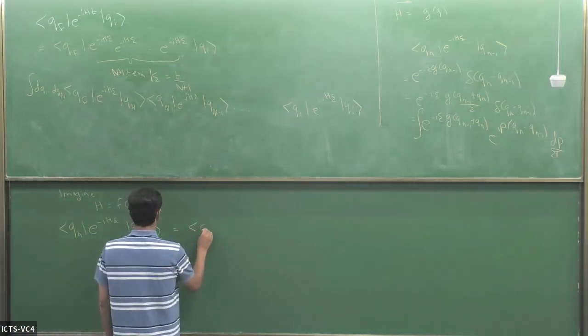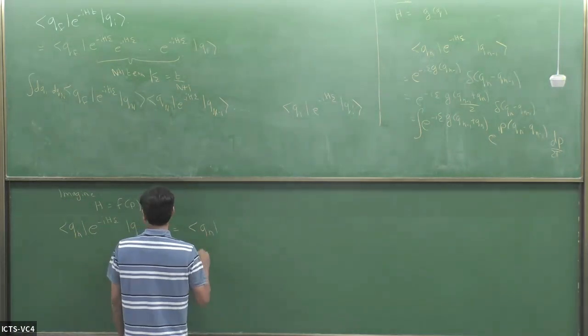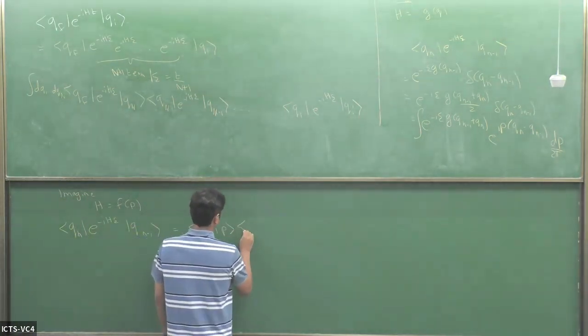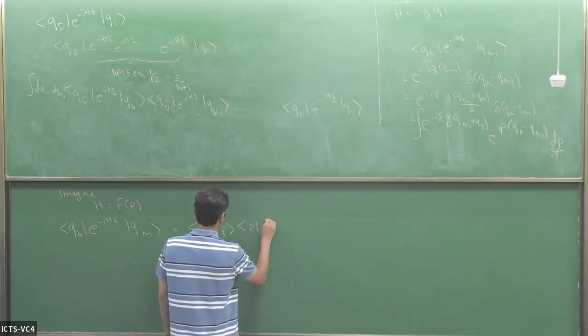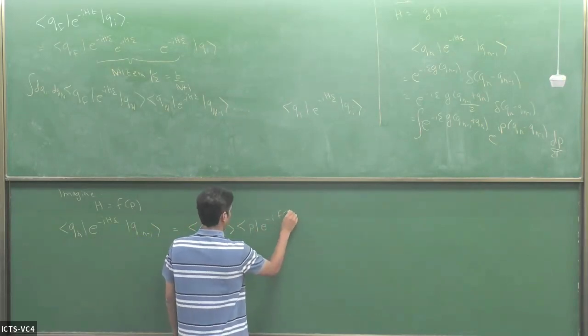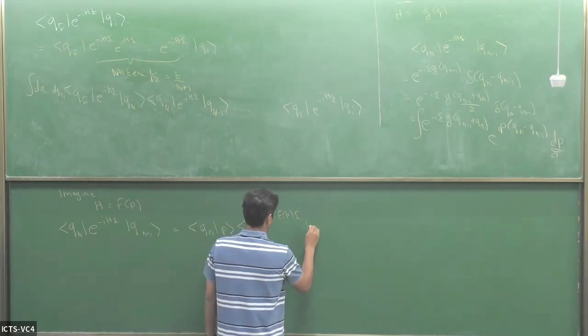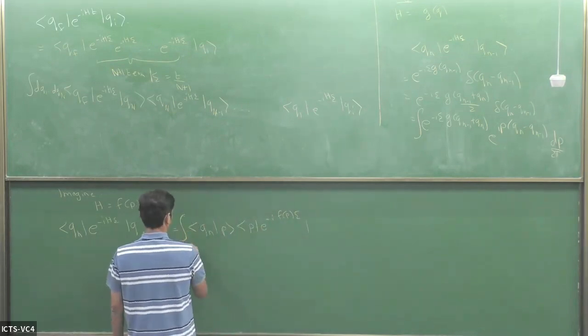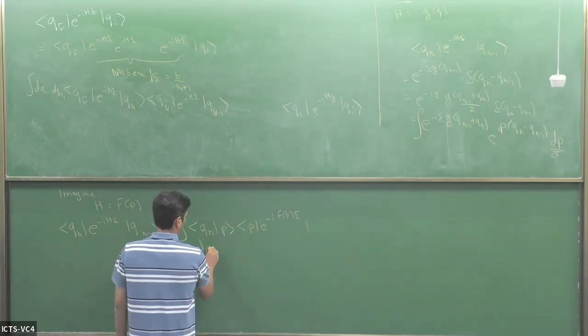Well, I can insert a complete set of eigenstates in the middle here. P, this is p e to the minus i p epsilon. And then I integrate now over p, dp over 2 pi.